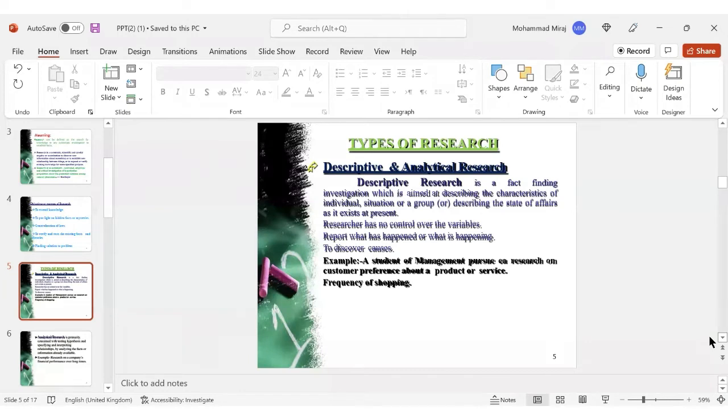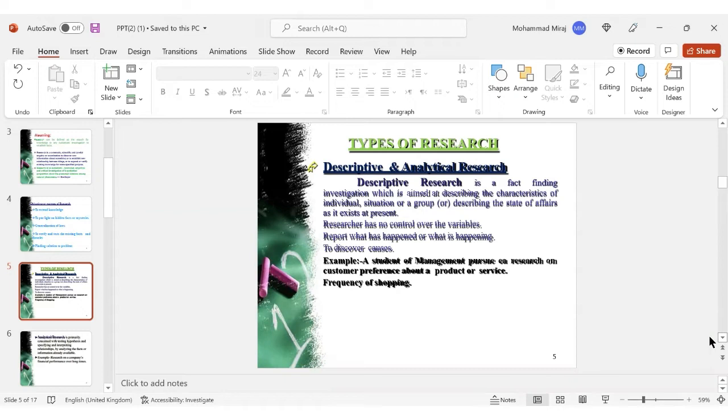For example, if something is being changed, we should know as a whole what is being changed. So it is a fact finding investigation aimed at describing characteristics. We are basically describing the characteristics of a person: this person did this, this person will look like this, present like this, behave like this.